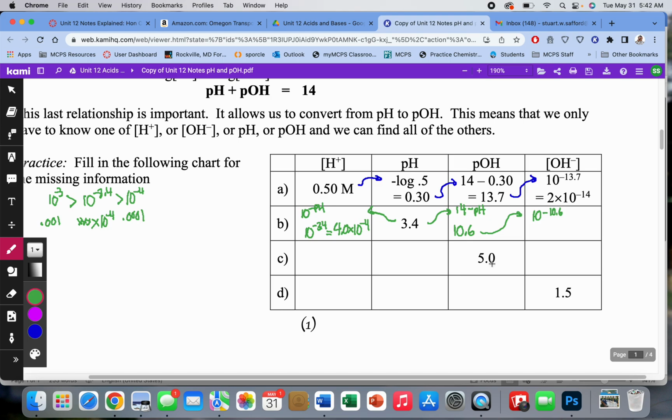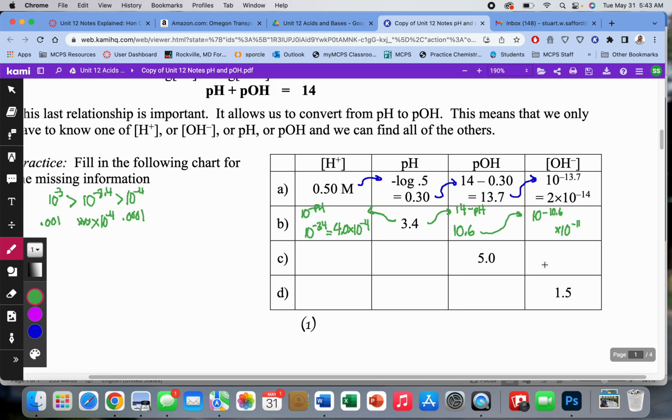Now, if we do that, again, we're going to be between 10 to the negative 11th and 10 to the negative 10th. So I know that my answer is going to be times 10 to the negative 11th. I know that before I even punch it into my calculator. The reason I keep on saying this is because when you write these things down, you have a tendency to forget about scientific notation, or you punch it into your calculator wrong and don't realize you've made a mistake.